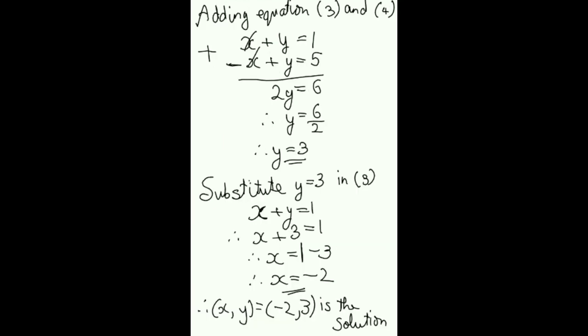So we get two simple equations, which we name equation 3 and 4. Then we solve these simple equations simultaneously, and we will get the values of x and y. So we end this topic here.